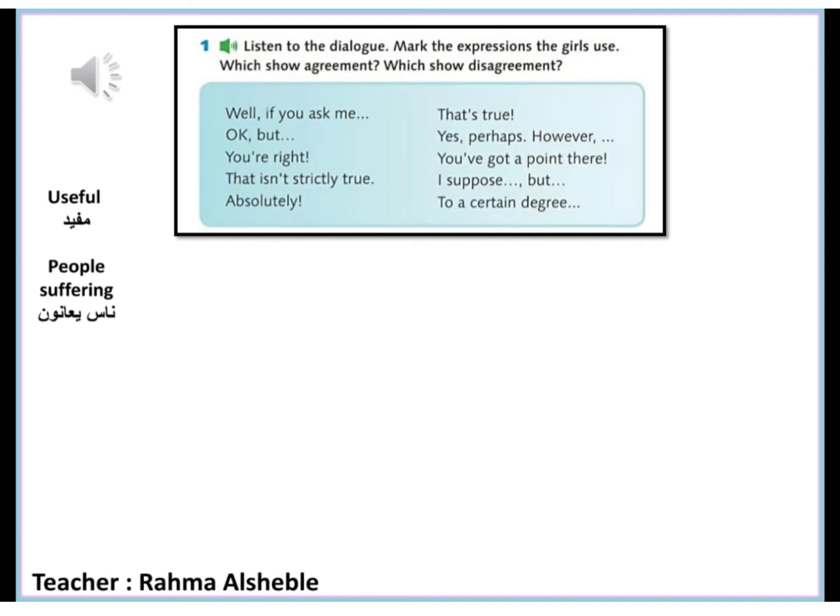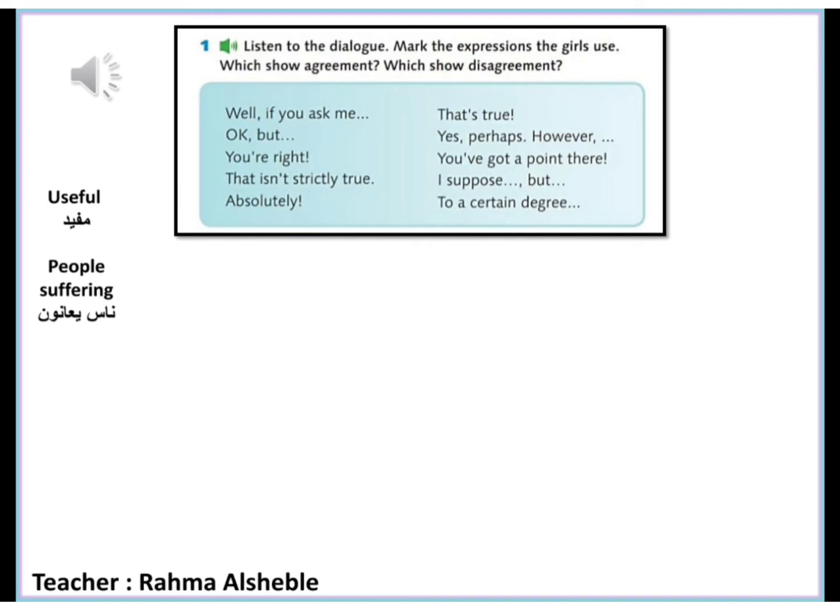Okay, thanks for listening. So after listening to this dialogue between two girls, Noura and Summer, they talked about an idea which is helping the poor, helping the people who are suffering.